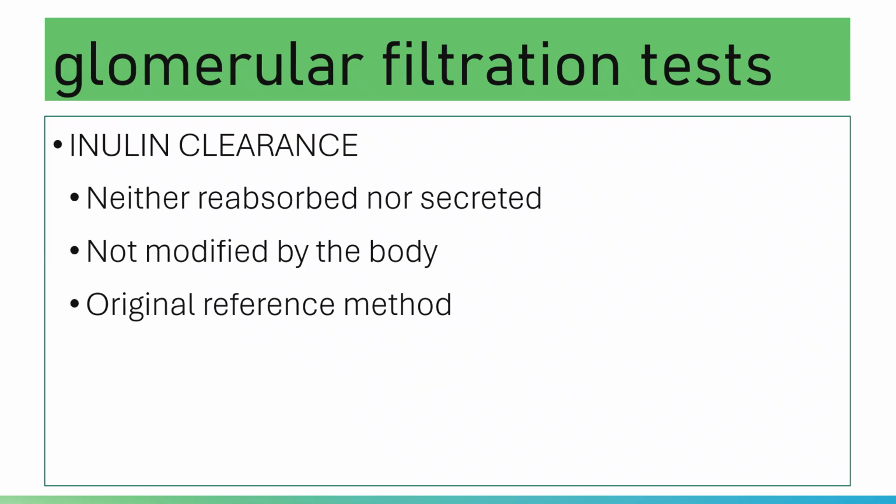Inulin clearance. Inulin is a polymer of fructose, and it is stable. It is neither reabsorbed nor secreted, and it is not modified by the body. The inulin clearance test is administered via intravenous infusion because inulin is not absorbed by the gastrointestinal tract.